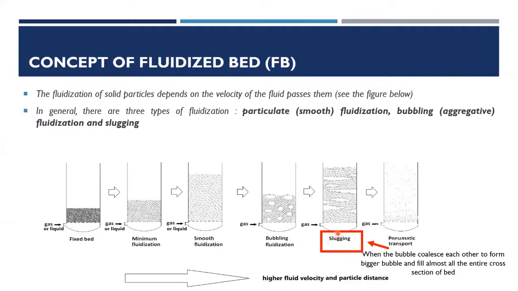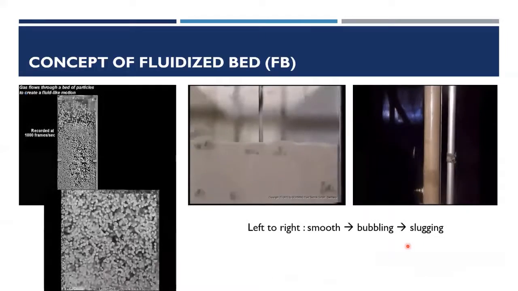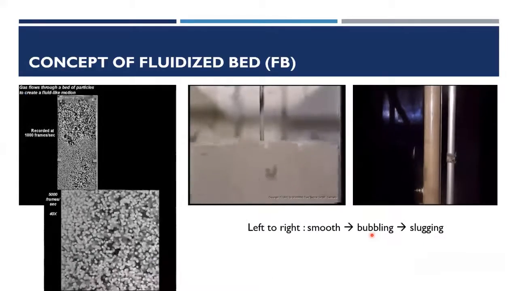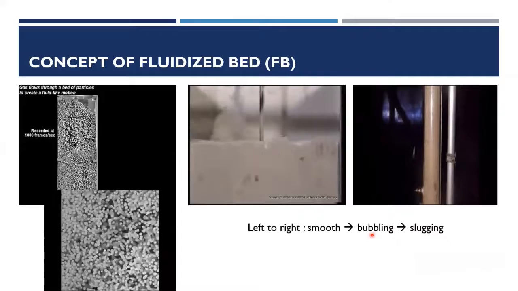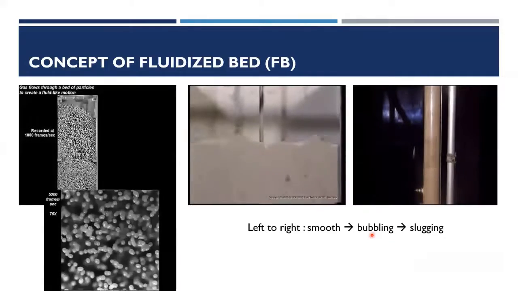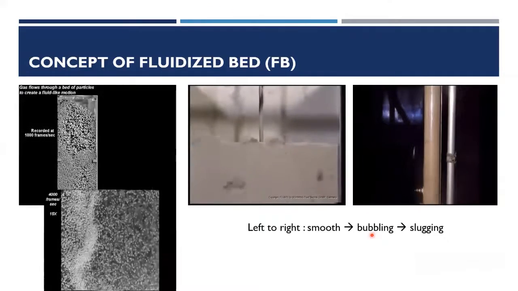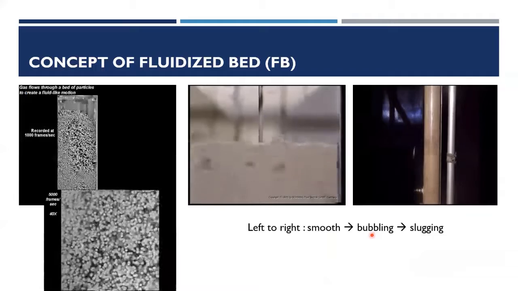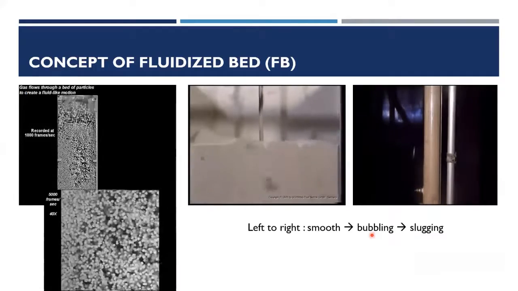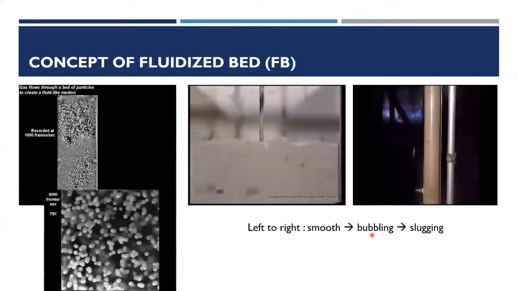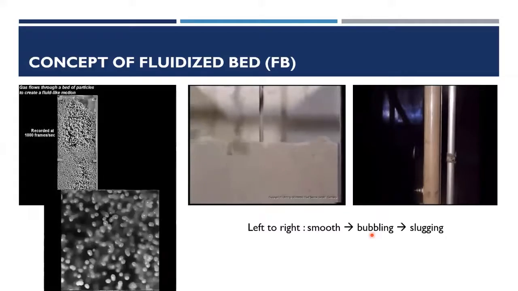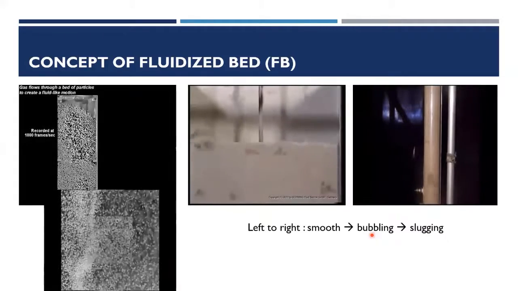Okay, so I will not go into pneumatic transport because we will not discuss pneumatic transport here. Now, I will give you a real image of smooth fluidization, then bubbling fluidization and slugging fluidization.